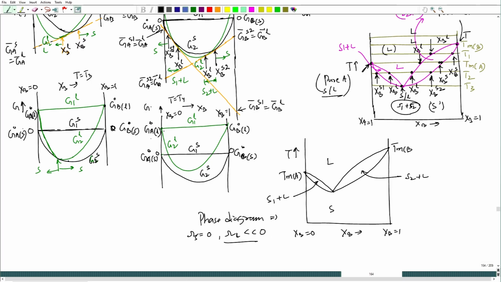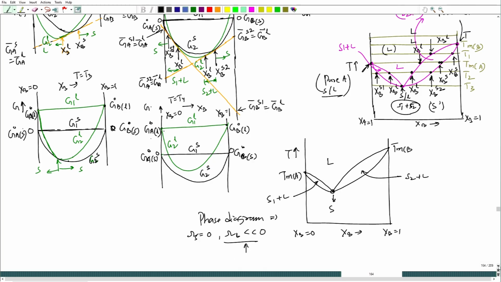In fact, so what do you mean by omega liquid less than 0? That means the liquid line stability is much higher than the solid line stability. So, the more the negative value of this particular point will further go down. So, that means liquid stability will go up. Okay.